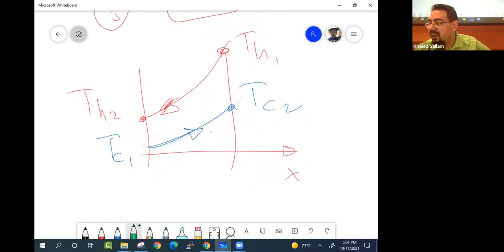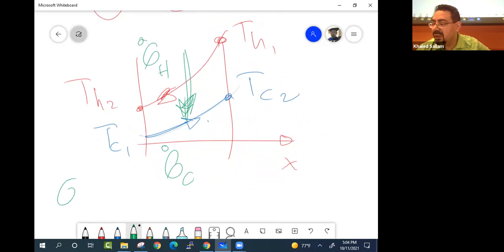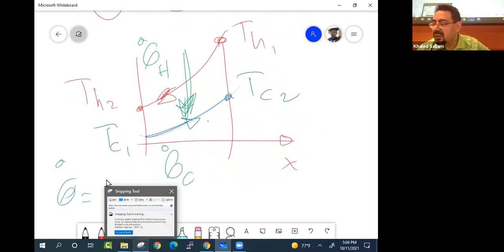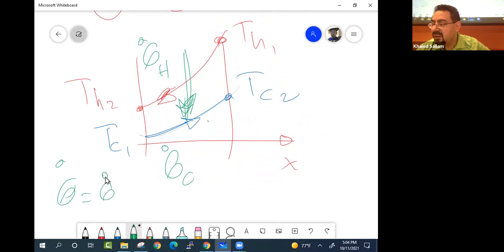The fact remains that the Q that this side gets is the same as the Q that the other side rejects. So basically there's only one Q between the two sides. Q dot cold is Q dot hot, and we said this is usually M dot Cp multiplied by delta T.